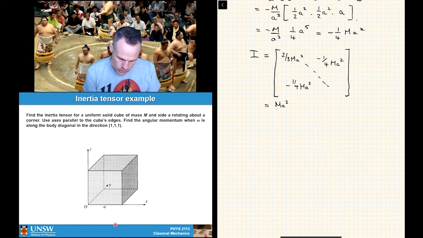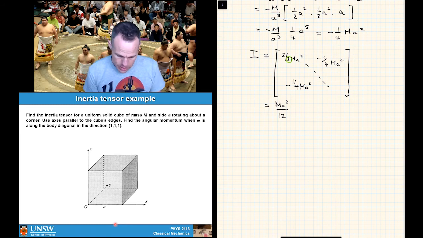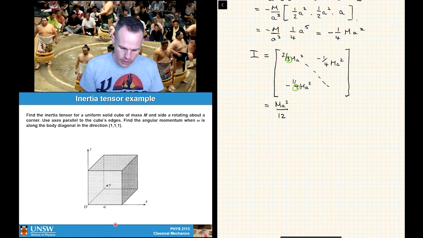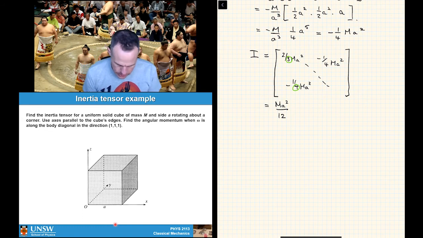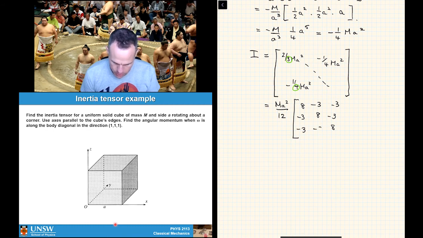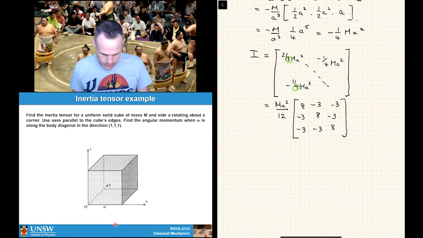So we can pull an m a squared over 12 out the front. The reason it's 12 is there's a 3 in the denominator for the diagonal and a 4 in the denominator for the off-diagonal terms. So 3 times 4 is 12. That'll get everything to an integer. And so then our matrix here becomes 8, 8, 8 on the diagonal, and minus 3 everywhere off the diagonal. And you can see we've got this nice symmetric matrix that behaves itself really well.